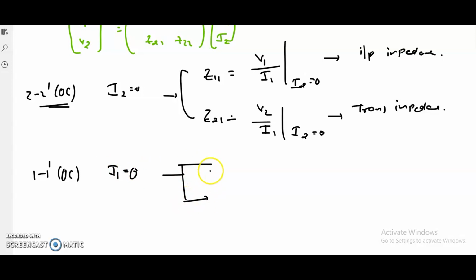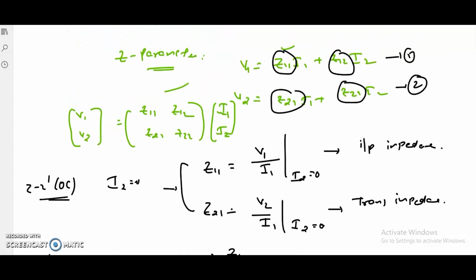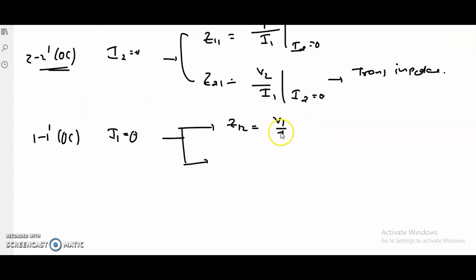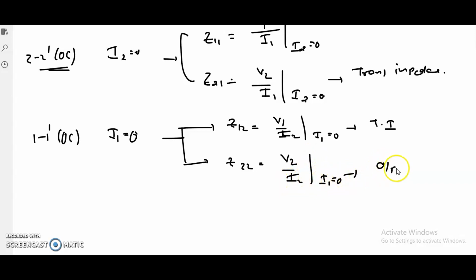And whenever I1 becomes equal to 0, then from equation 1, Z12 is equal to V1 by I2 at I1 is equal to 0. So it is also called a transfer impedance. And next one, if I make I1 equal to 0 from equation 2, I will get Z22 is equal to V2 by I2 at I1 is equal to 0. It is called the output impedance, because it is output voltage divided by output current. So it is the output impedance.